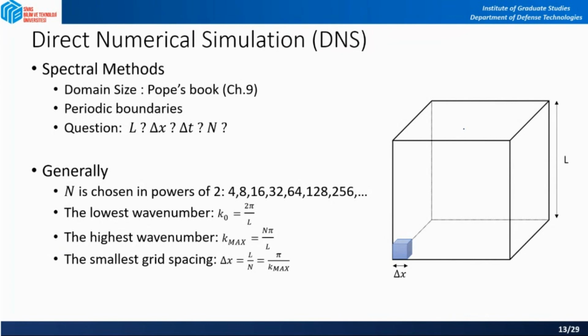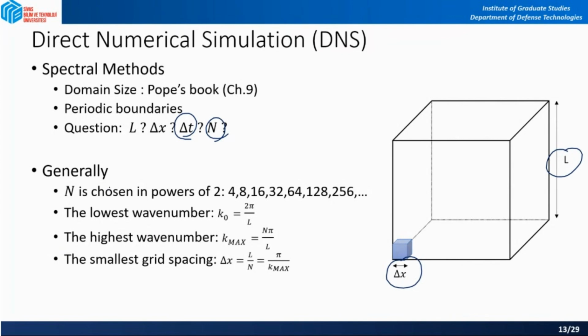The question is how big should be the L number, side length number, and how small should be your delta x, and also how small should be your delta t. Also, how many modes or n numbers should we have? So these are some general ideas.